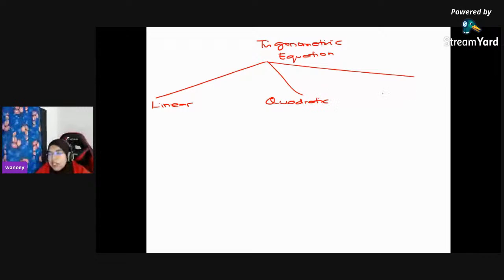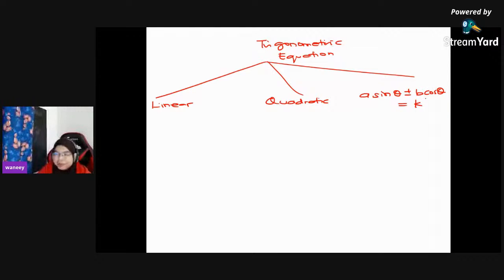The third one is actually a mixture between the sine and the cos, so you might have something like A sine theta plus or minus B cos theta equal to some constant, let's call it K. This one is a mixture of sine and cos, but both of them should be to the power of 1. So sine to the power of 1, cos also to the power of 1.